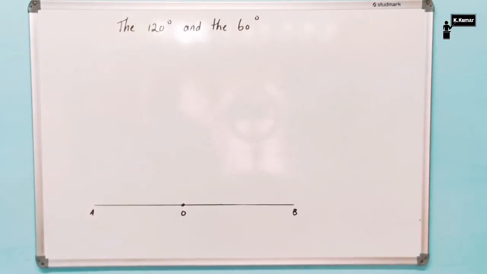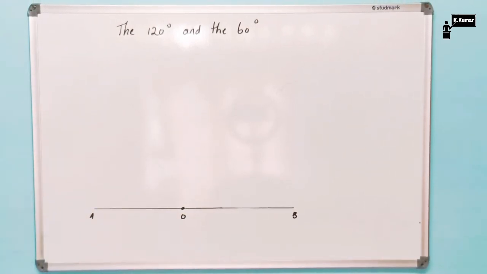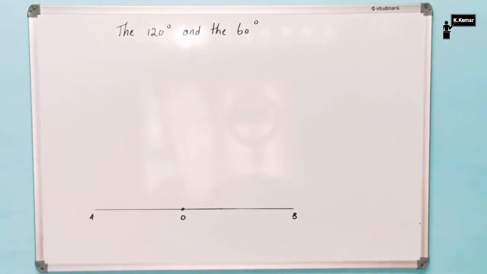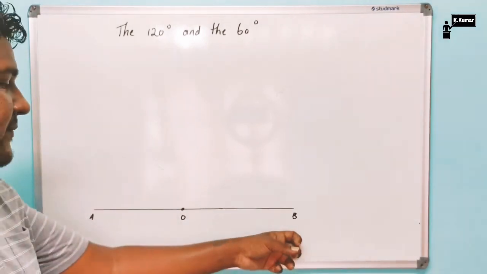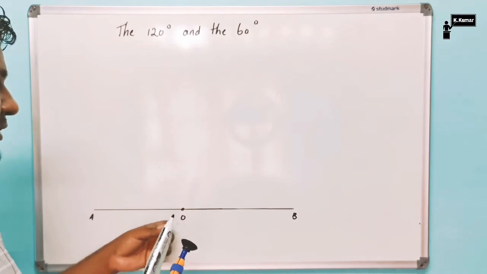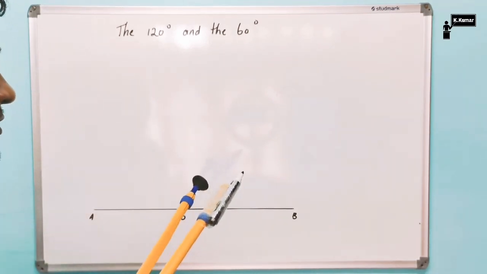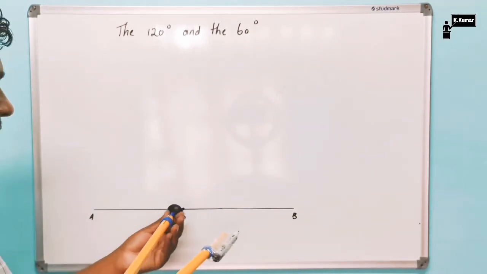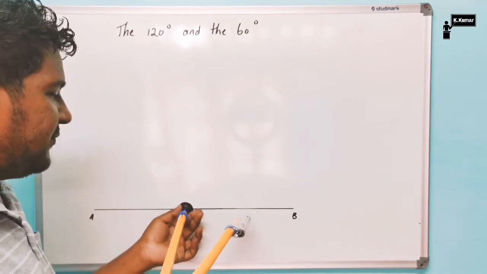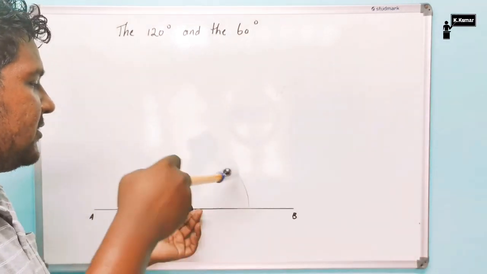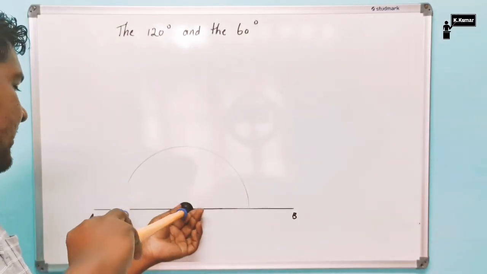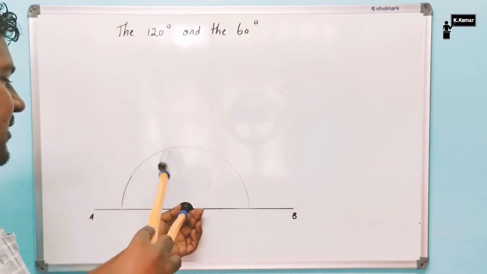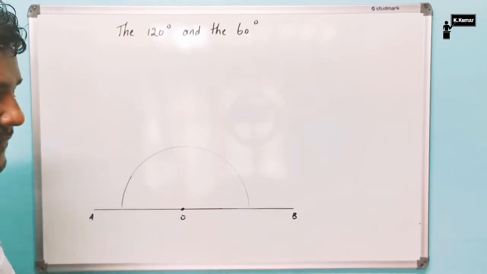The 120-degree angle and the 60-degree angle, I'm doing these two in one because it's the same diagram I have to use. So the first thing you do, you draw a line AB, identify a point, and then you name it O, right? So you open the compass, place the compass point at O, and then you draw another semicircle here, touching the line AB.